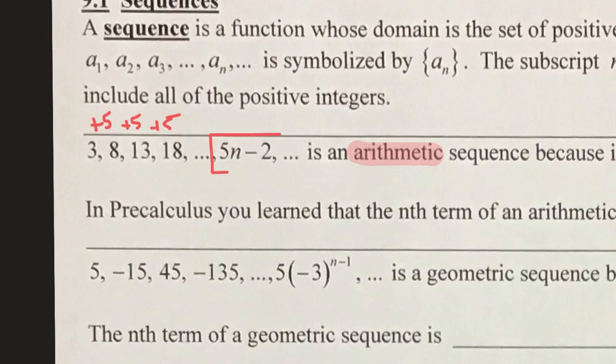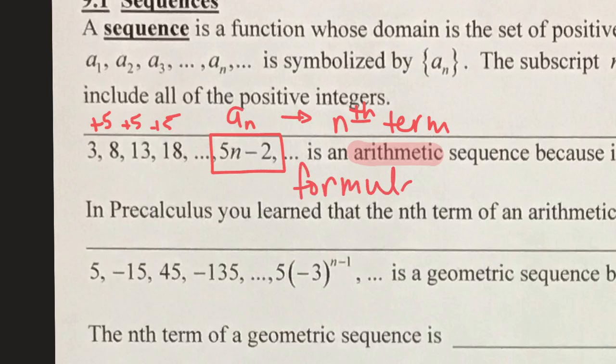Okay, this is called your nth term, or the formula that is used to generate any one of these terms. So these are all things that we can look for. So that equation is called your nth term, or what is the formula in order to find the nth term. So we would write a sub n equals 5n minus 2.